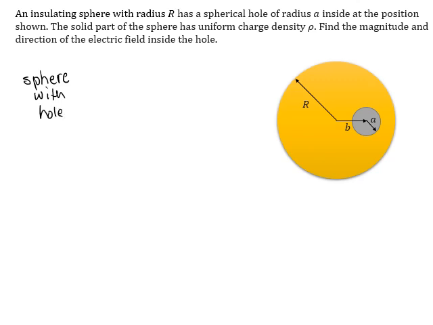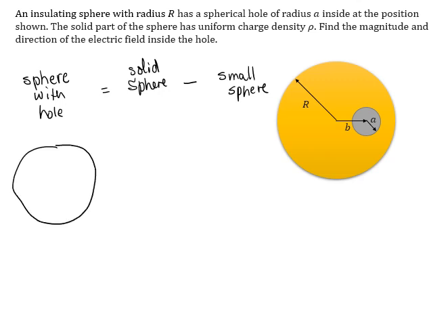is we could take a solid sphere, and we could drill a hole out of it. So we could drill out a small sphere. What that would look like in terms of a picture is to get this structure, so there's our hole, the little shaded in bit, we would have to take this solid sphere and we would have to subtract, we would have to drill out this little bit.